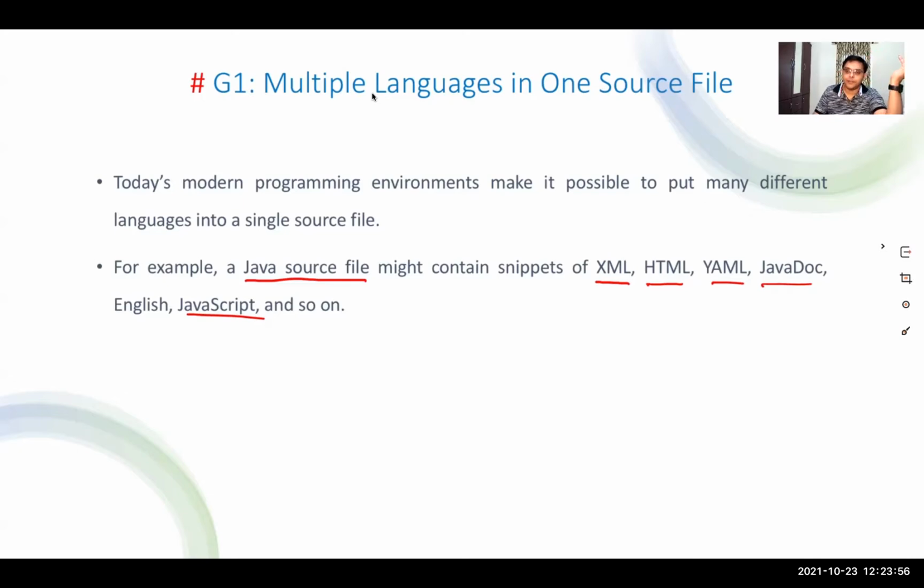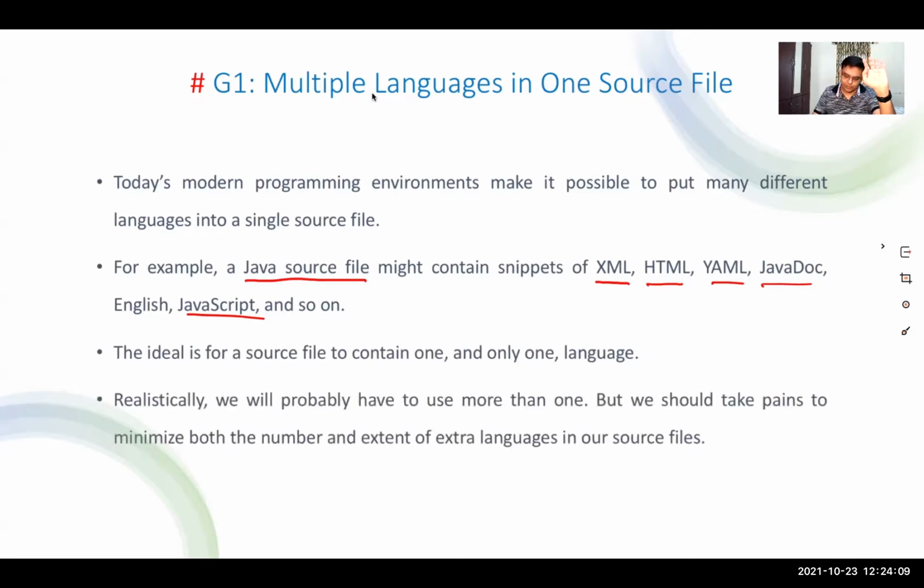You have to split that into another source file. You can use that source file, no issue, you can collaborate and use it, but don't put everything into one source file. So the ideal is for a source file to contain one language. Realistically, we may have to use more than one, but we should take the pain for that and minimize it.